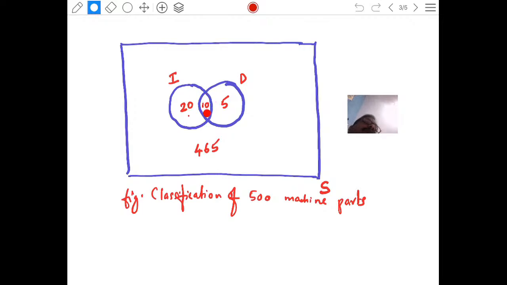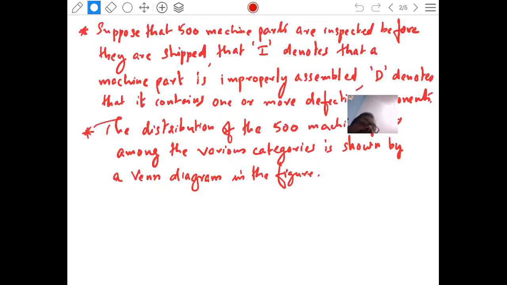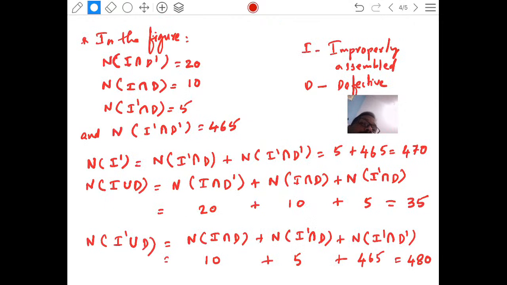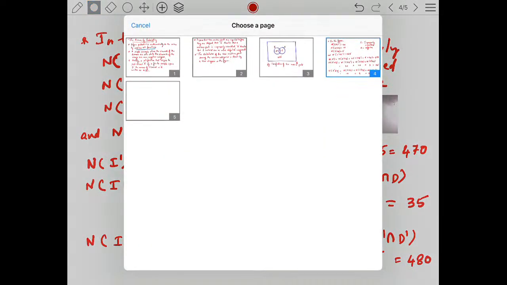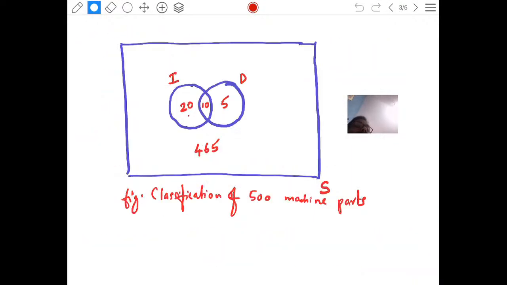So this value means, in the subset we have to take the number of machine parts which are properly assembled and also defective.